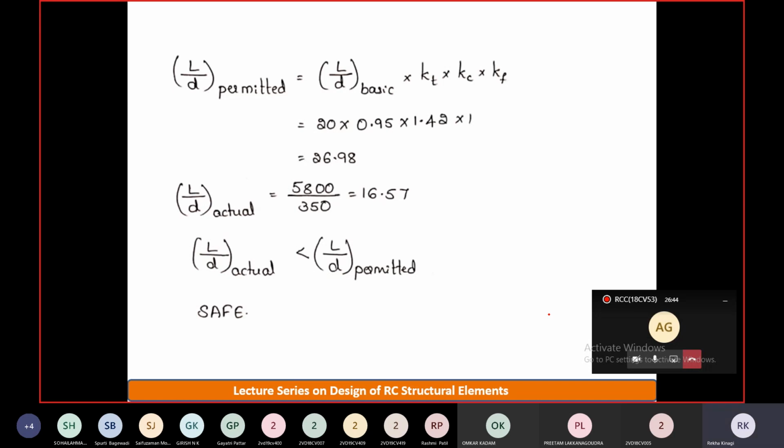It will be written as L by D basic into KT into KC into KF, where L by D basic is from the span to effective depth ratio, which is considered as 20 for simply supported beam.